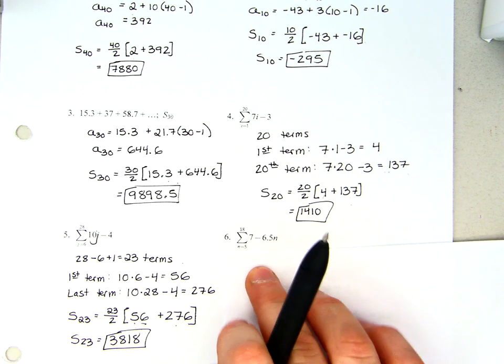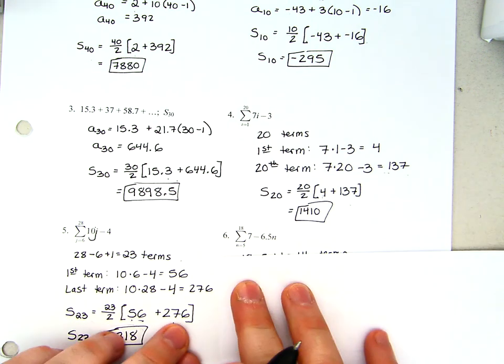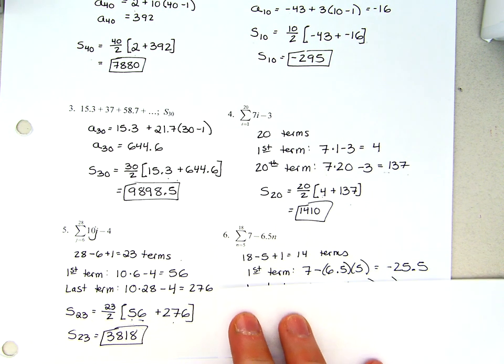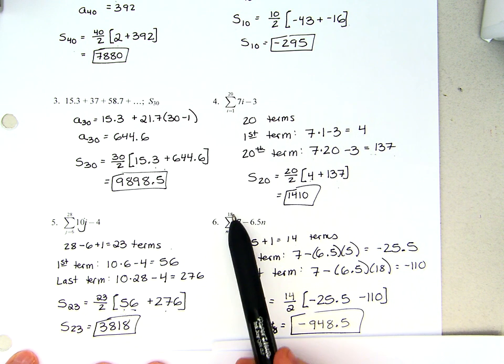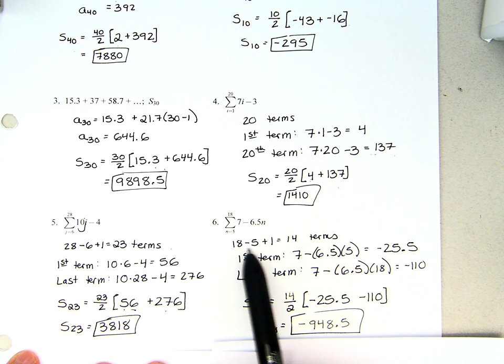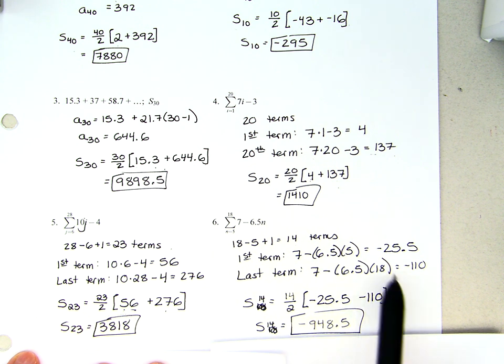Please go send in your answer for problem 6. There are 14 terms here. The top minus the bottom plus 1. 18 minus 5 plus 1 is 14. There are 14 terms. The first term is 7 minus 6.5 times 5. That's negative 25.5.